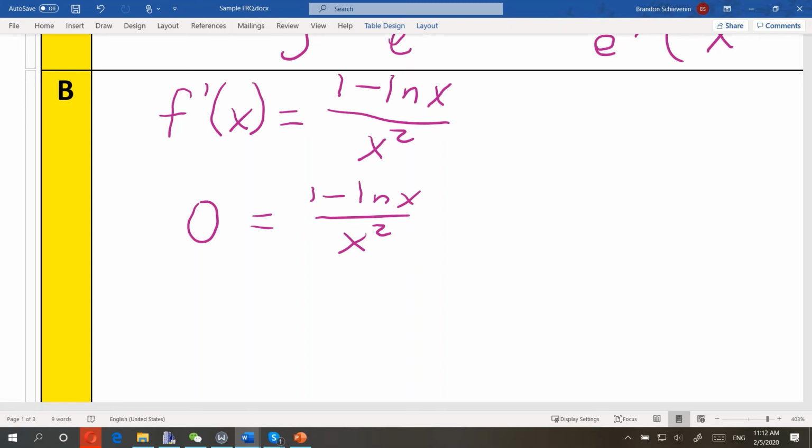Move the x squared to the other side. Okay, 0 times anything is still 0, so that's 1 minus natural log x is equal to 0. I'm going to add ln x on the other side. ln x equals 1.